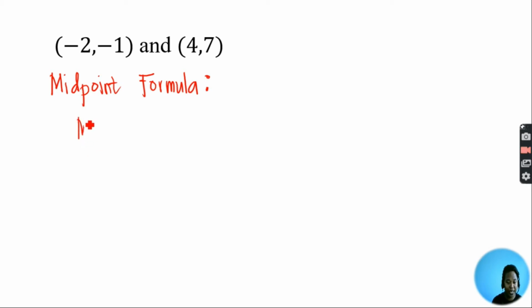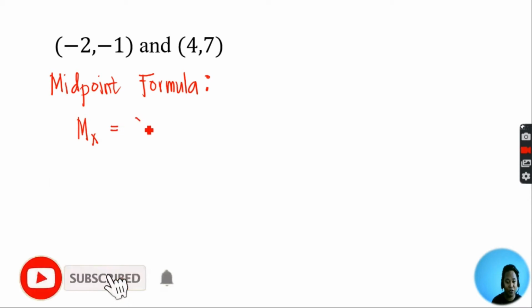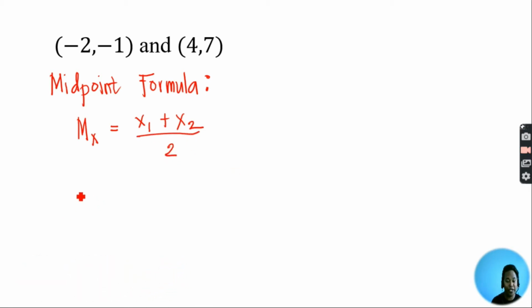The coordinate of x of the midpoint is equal to x sub 1 plus x sub 2 over 2. And for the coordinate of y, we have y sub 1 plus y sub 2 over 2.